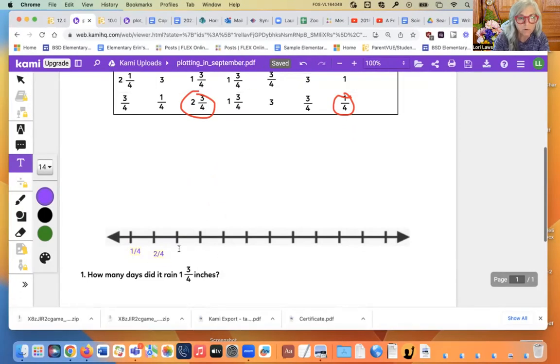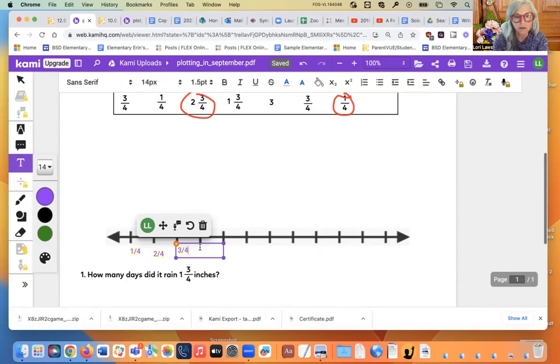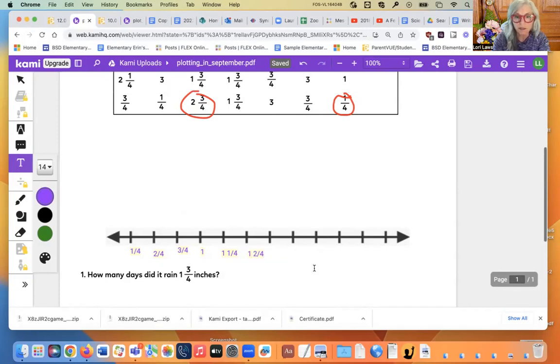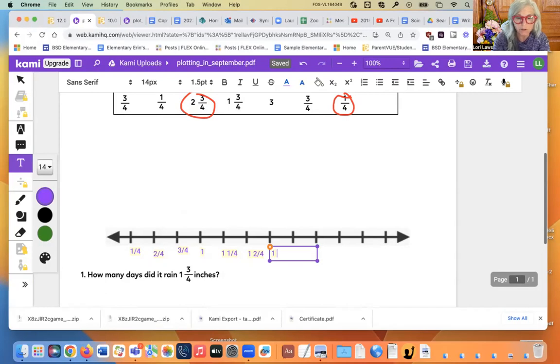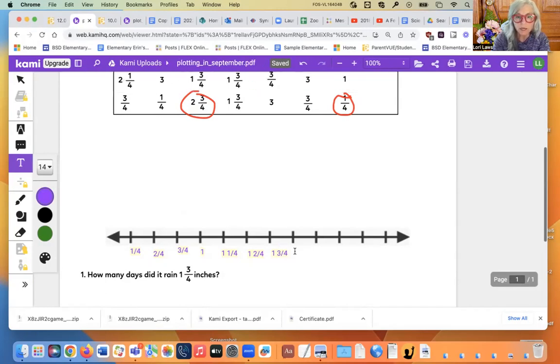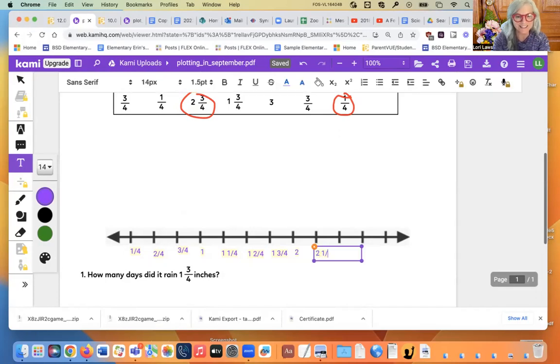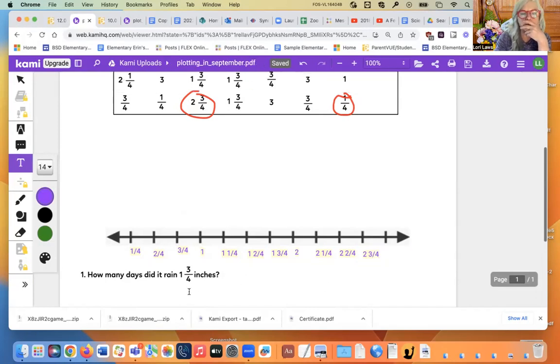And then 3/4, then 1, then 1 1/4, then 1 2/4, then 1 3/4, then 2, then 2 1/4. It's not thrilling work, but it happens. Then 2 2/4, then 2 3/4. And that's my biggest amount, so I don't have to worry anymore.